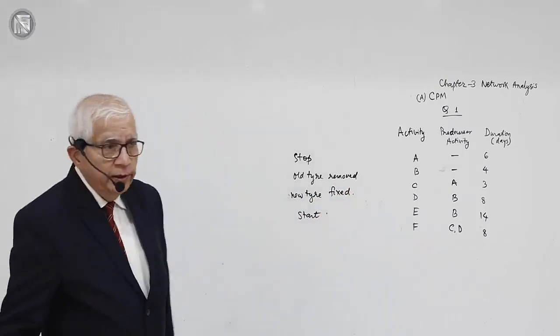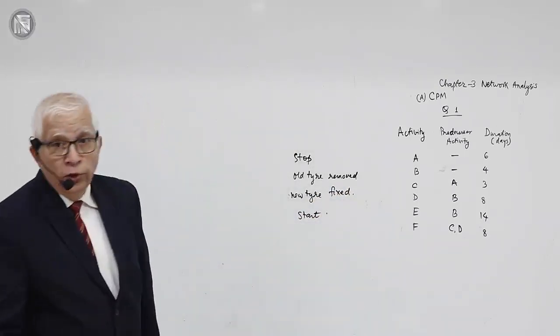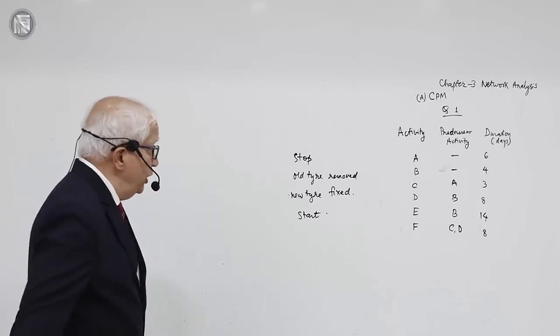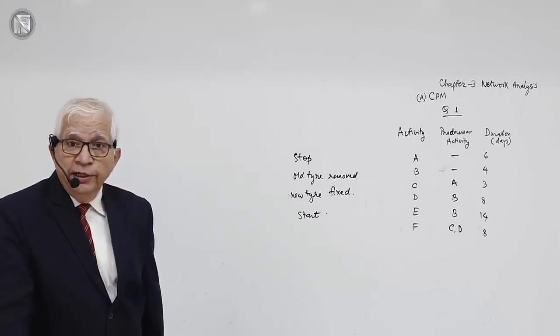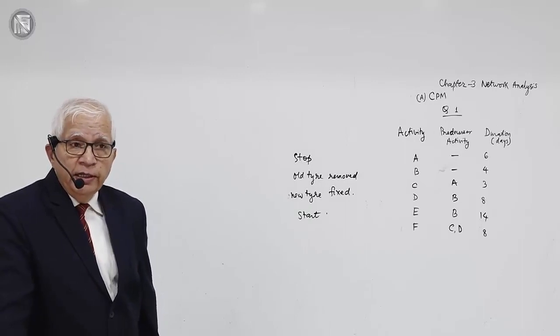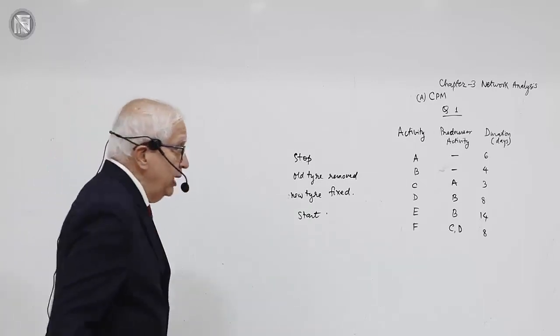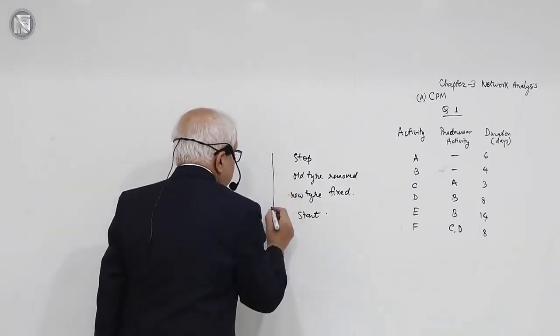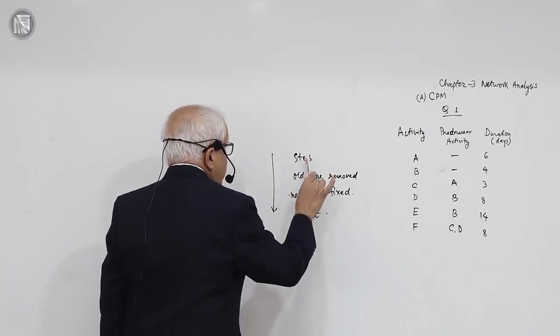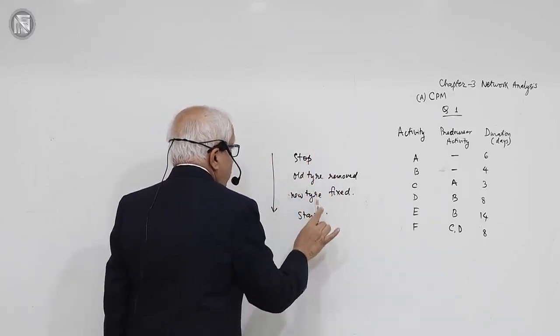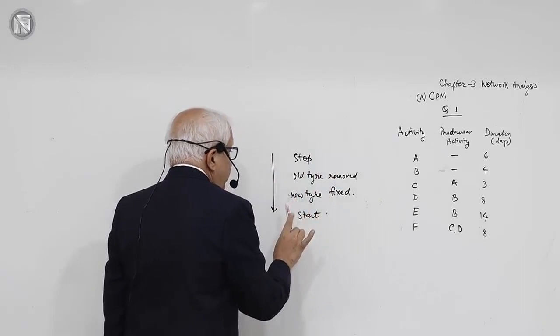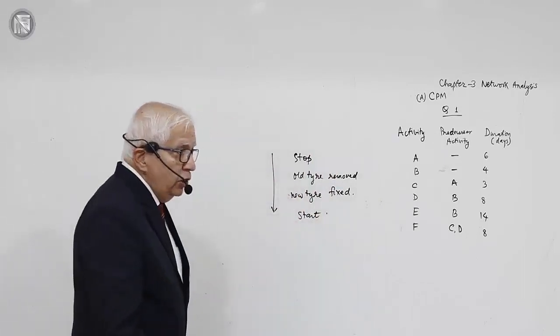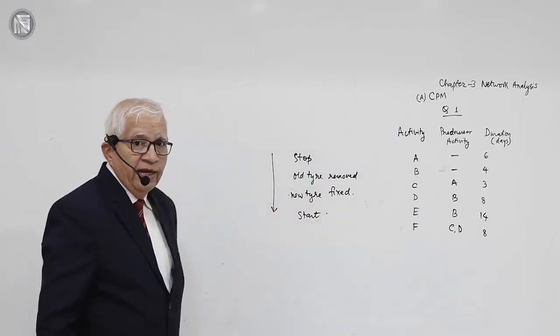You stopped, you removed the old tire, you fixed the new tire, and then you are ready to start. Fine. Can you see that this sequence has to be followed in this direction? You must first stop, then first change the old tire, then put the new tire, only then you can start. You cannot change the order of these activities in any way.